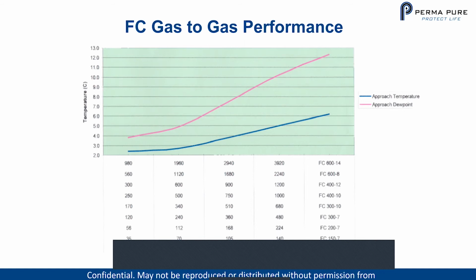Okay, that's your source humidity gas stream, and the resultant humidified gas, so your resultant gas stream. And so these numbers represent the difference.